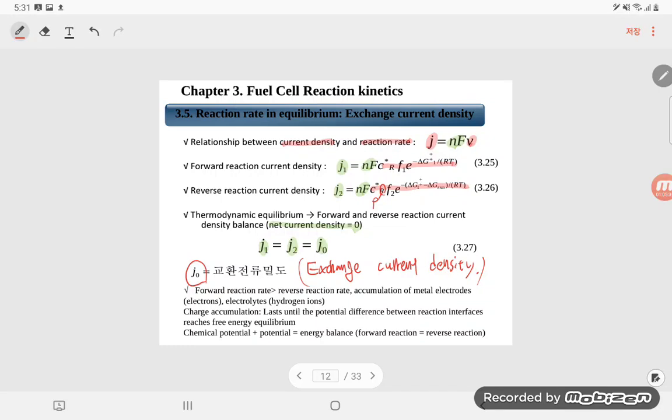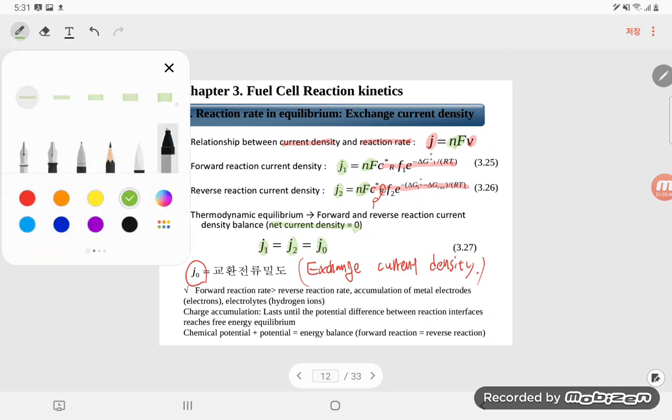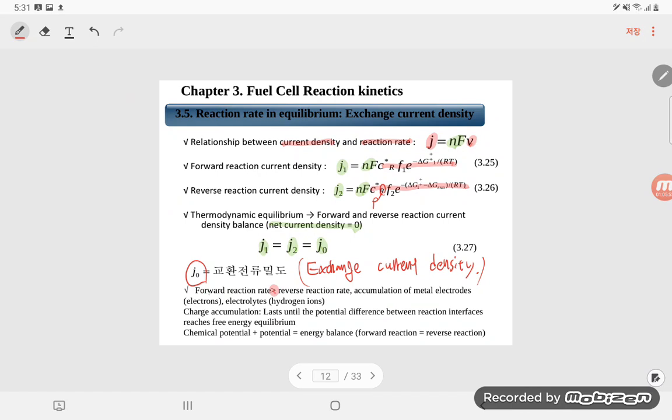In the case where the forward reaction rate is higher than that of the reverse reaction rate, there is accumulation of charge at the metal electrode and the electrolyte.